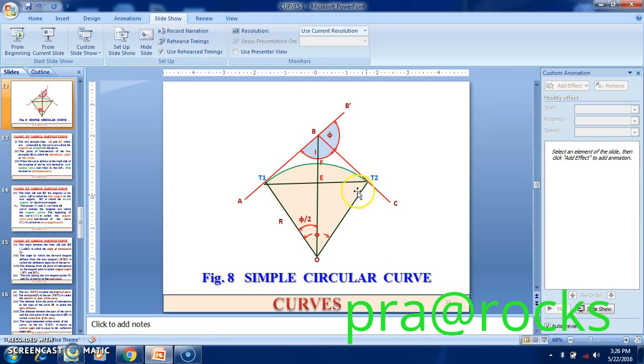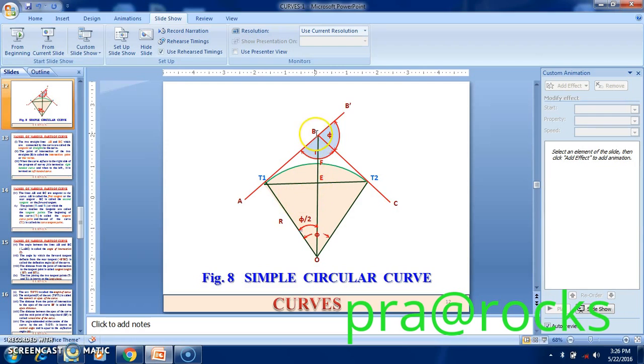Then arc T1FT2, where F is the midpoint or highest point, is termed the apex, and this arc will give the length of the curve.